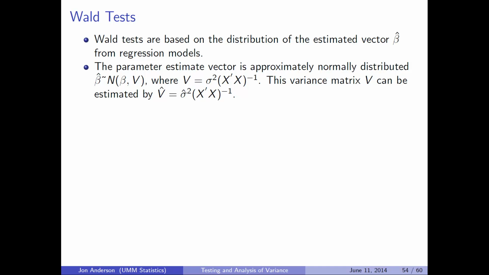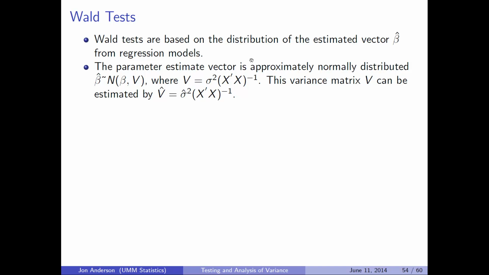We've been talking a lot about F-tests in this lecture, but there are other kinds of tests that use knowledge about the sampling distribution of the beta hat estimates, of how they behave when we repeatedly estimate from data creation systems. These tests are called Wald tests.